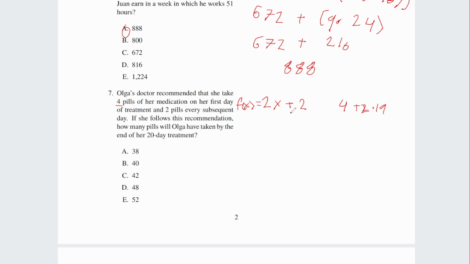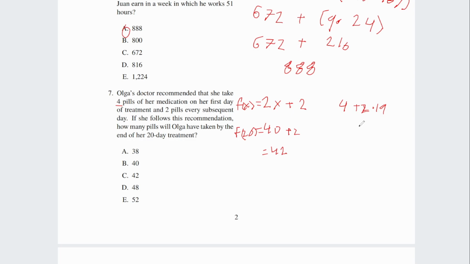So 2x plus 2 is going to be 40. If we want to solve for f of 20, it is going to equal 40 plus 2, or 42.